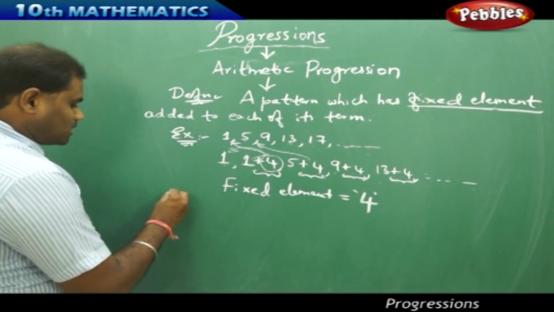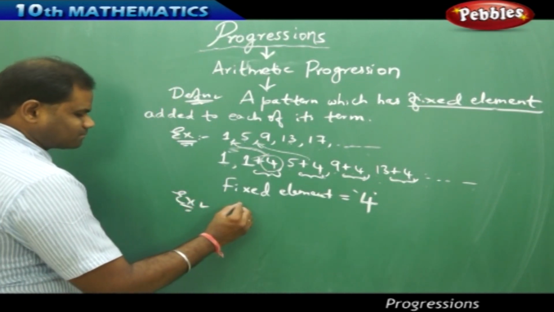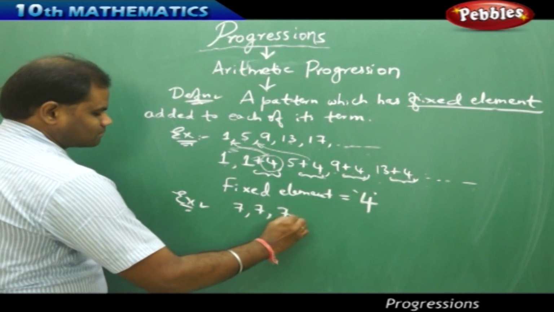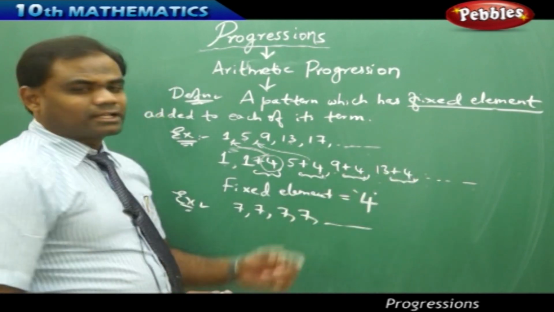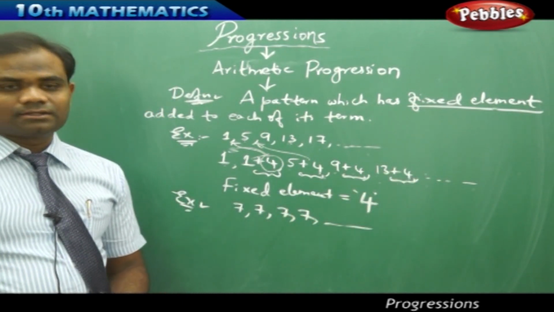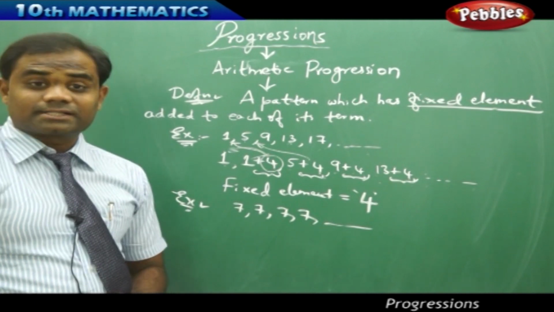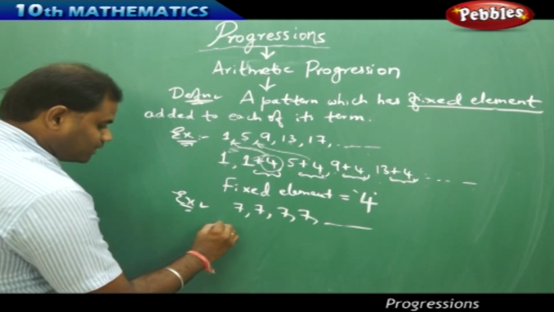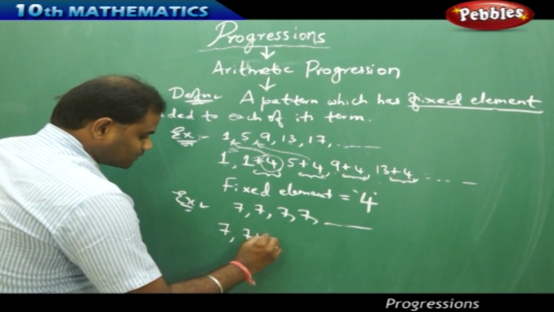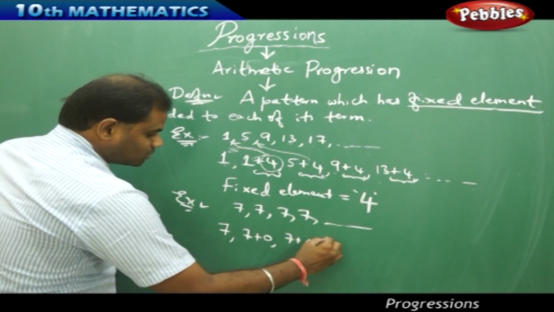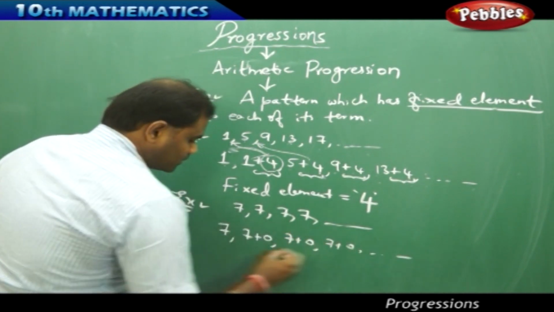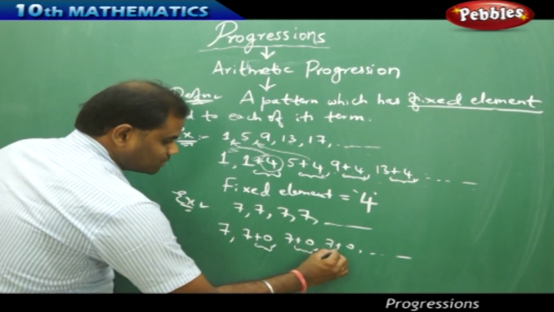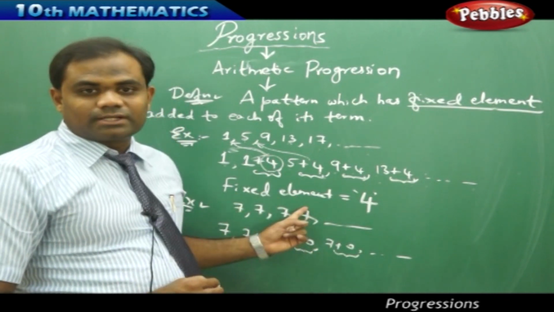Let me take one more example. Is this an arithmetic progression? Is the question out here. Yes, it is, because every element is obtained by adding the fixed element 0 to the previous term. Therefore, here the fixed element is 0, which gives me 7 plus 0 as 7.